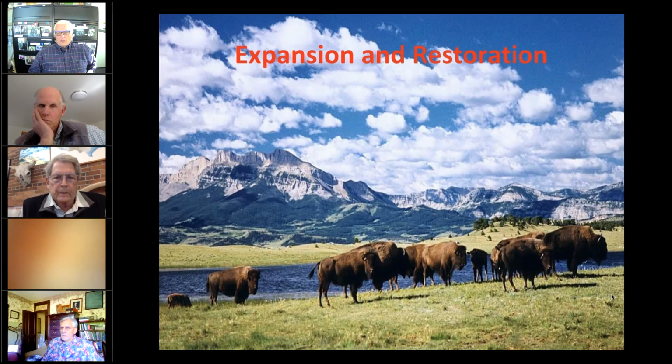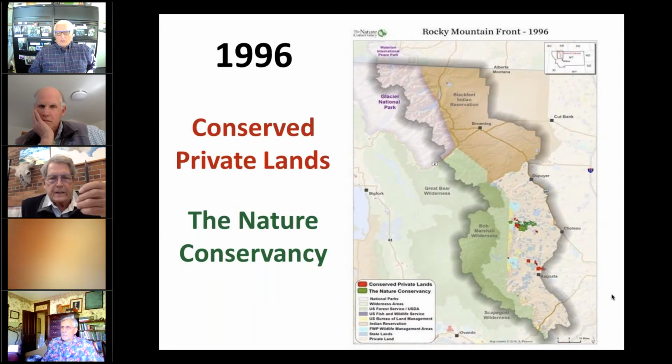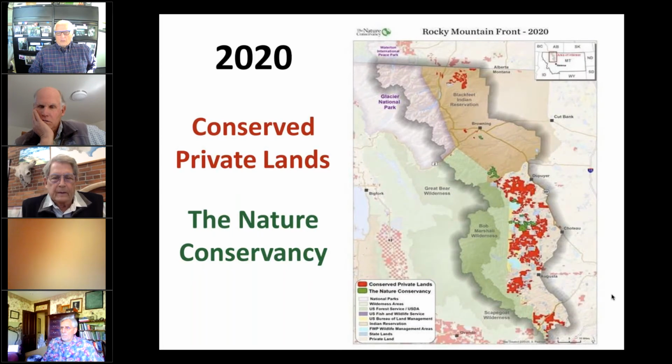Backwards. Oops. Backwards to 96. Back to 2020. It's a remarkable, remarkable story of conservation success. Here in this graphic, you can also see some considerable private lands conservation lying within the Blackfoot Indian Reservation.